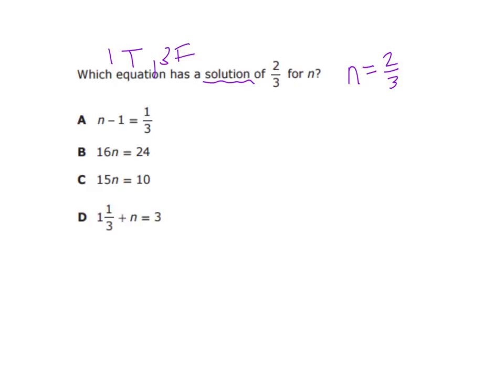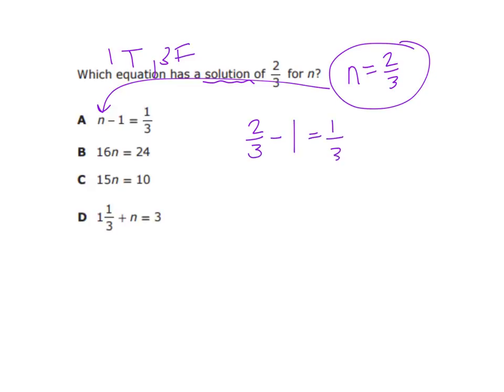Okay, so we have to go in and use this value to substitute in for n. So here we have 2/3 minus 1 would give me 1/3.